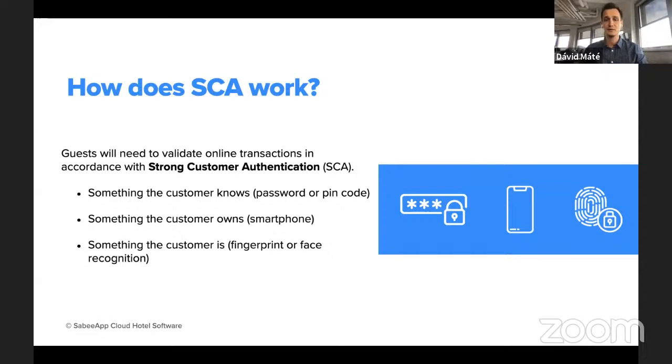The first being using something that the customer knows. This can be a password or a PIN code. The second method can be something that the customer owns, which is a device, a smartphone. And the third method is something that the customer is, which is a biometric authentication, usually fingerprint ID or face recognition.